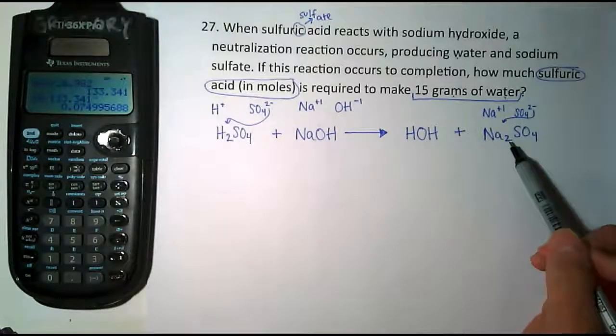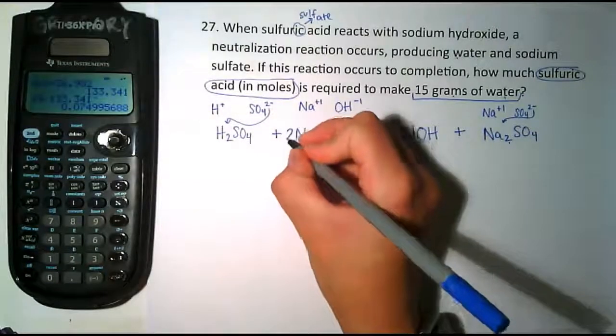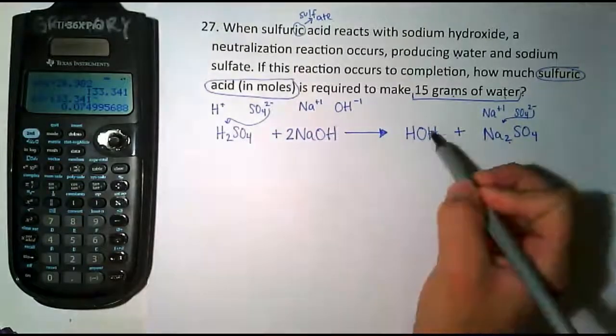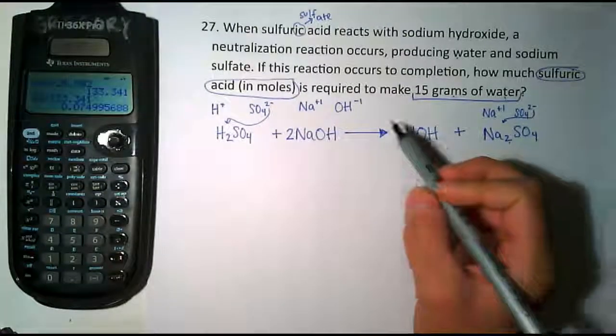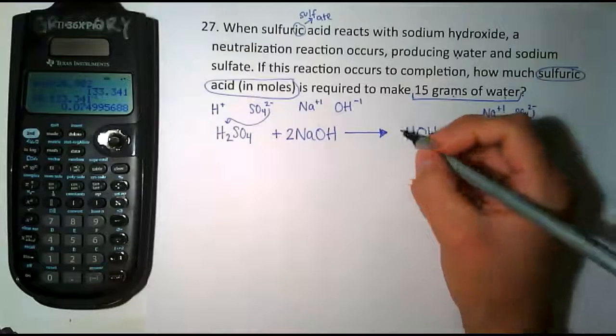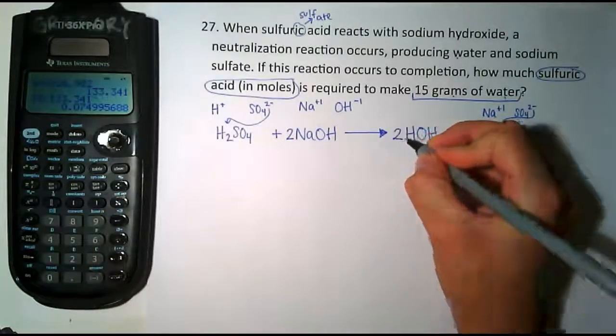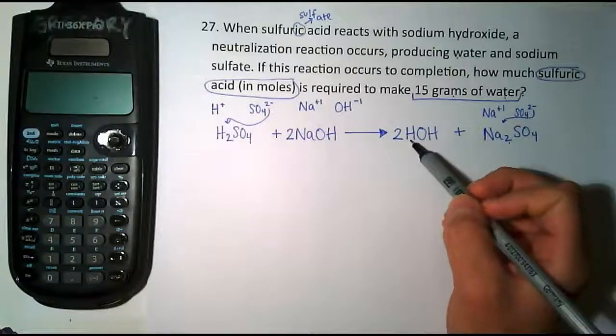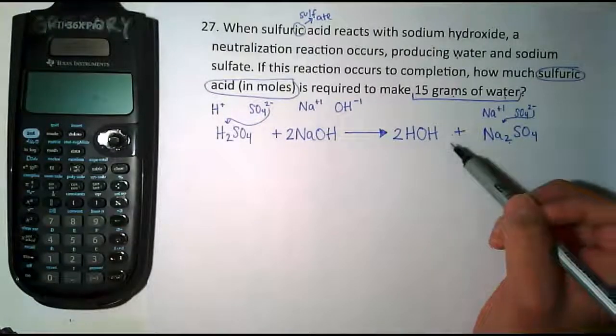I immediately notice that sodium is out of balance here, so I'm going to fix that by putting a 2 in front of NaOH. And then I noticed that I threw my OHs off. I threw my hydroxides off. I have 2 over here now, and I only have 1 on my product side, so I'm going to put a 2 in front of HOH. So then I have 2 hydrogen atoms and 2 hydroxide atoms.